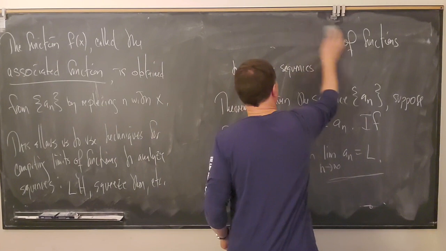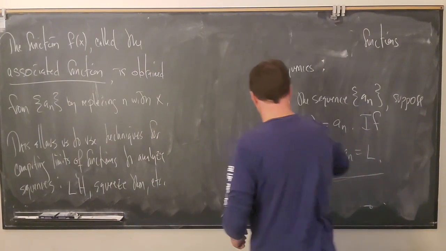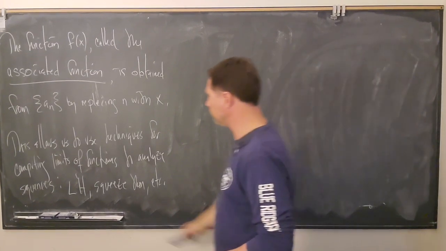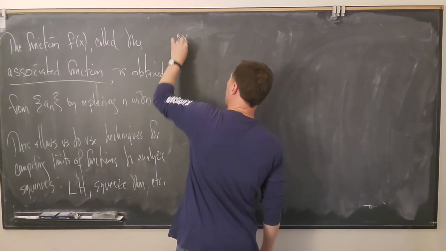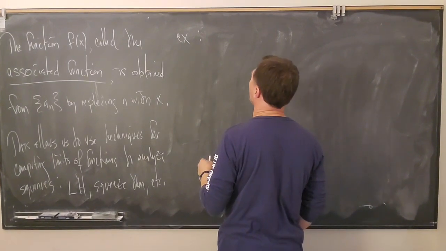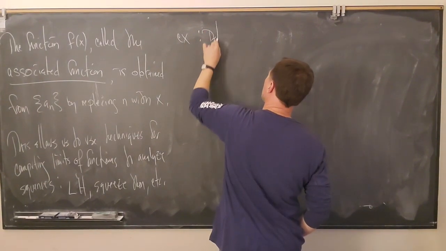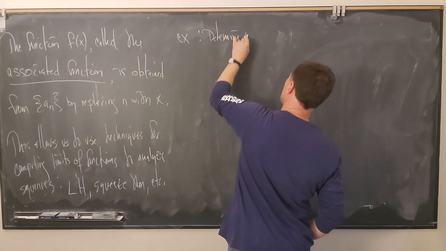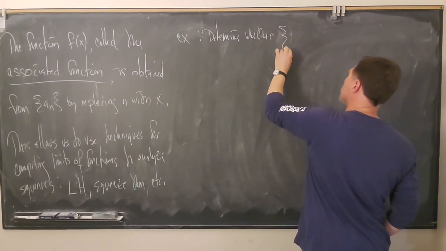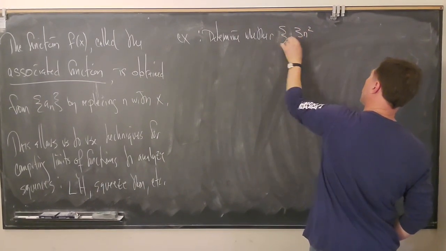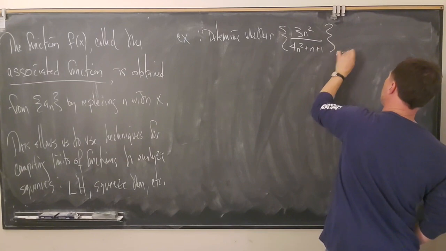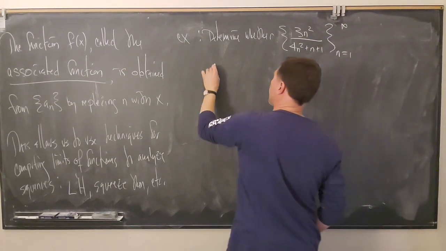Okay, so let's do a few examples of that. Let's say determine whether the sequence 3n squared over 4n squared plus n plus 1, where n goes from 1 to infinity, converges or diverges.